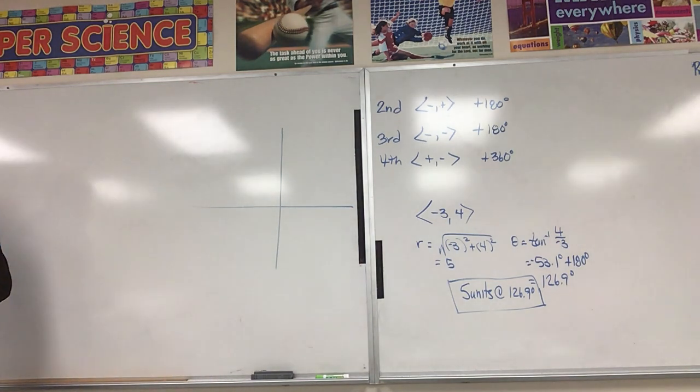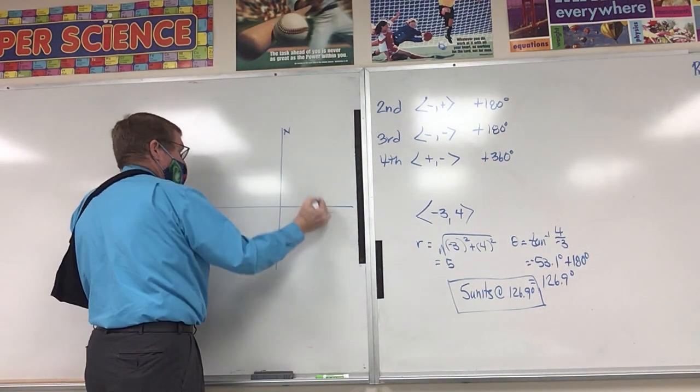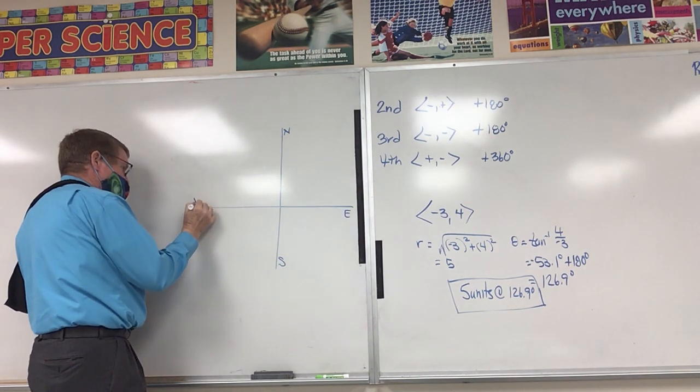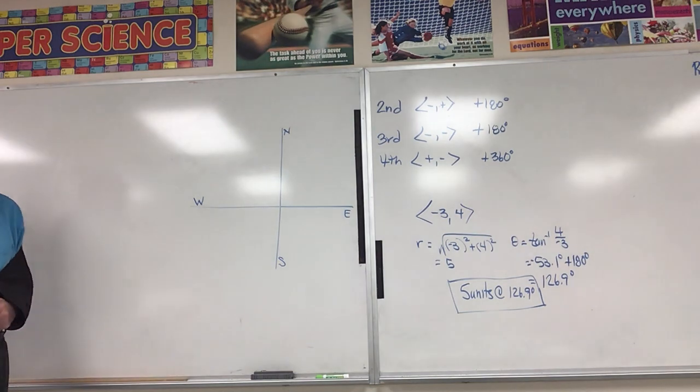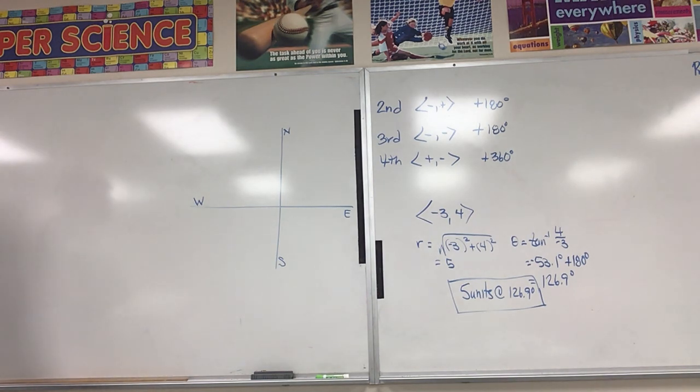When we have our coordinate plane, and we're dealing with direction, I have north, east, south, and west. My vector is always starting at the origin. And I can draw my vector according to the directions they ask.